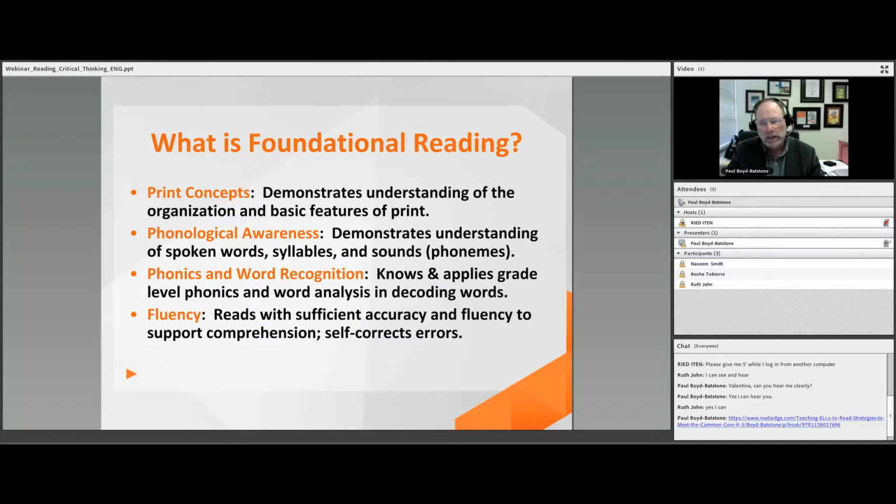Phonics and word recognition go hand in hand. There are two sides there. Phonics is actually more of a commercial term than a linguistic term. It's a popular term, and it deals with the actual sounds in terms of decoding words. Word analysis is part of that word recognition. That's the sight part.